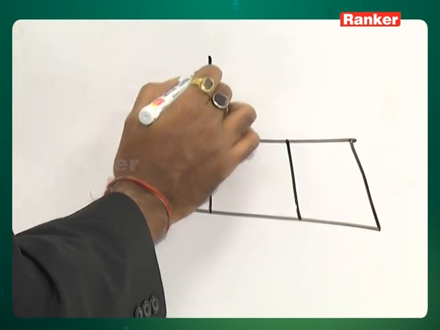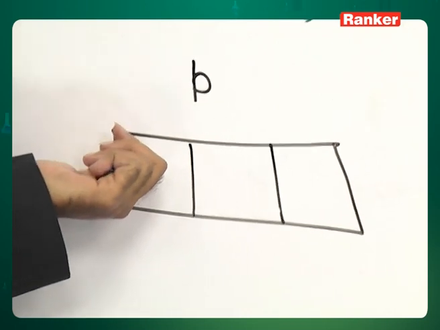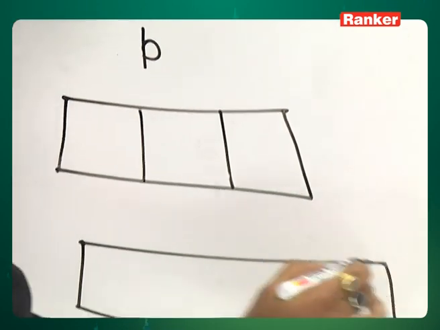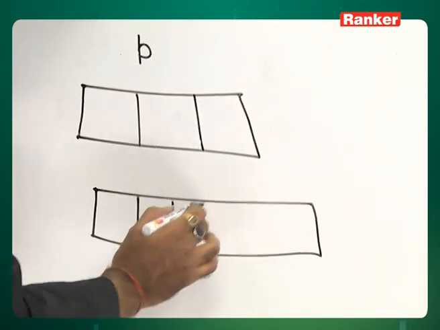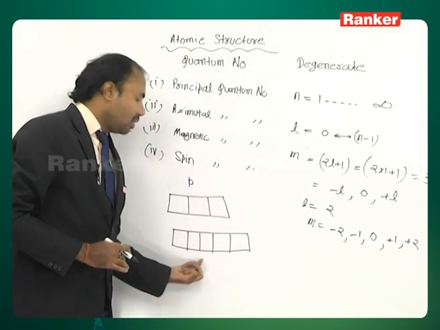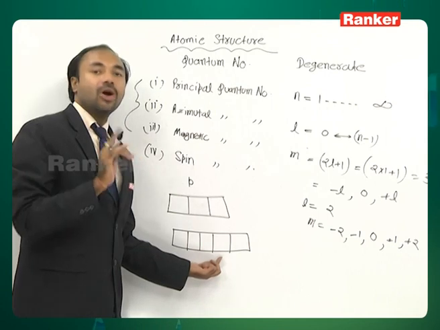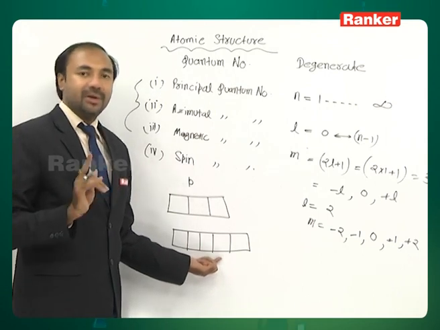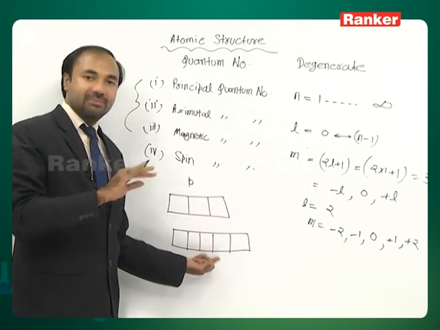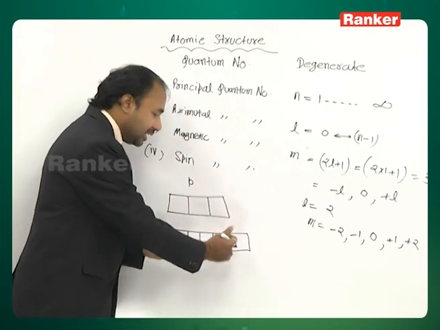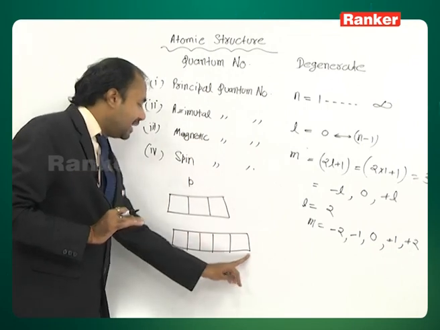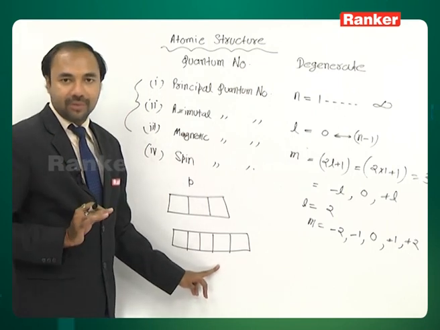This is called the box system to show them. 1, 2, 3, 4, 5, like this. And again all these 5 orbitals under normal conditions will be degenerate. Remember, d orbitals split in case of coordinate compounds, but not under normal conditions. If you change the magnetic field or electric field, that time the energy level changes, but under normal conditions they will be at exactly the same energy level. There will be no difference at all.